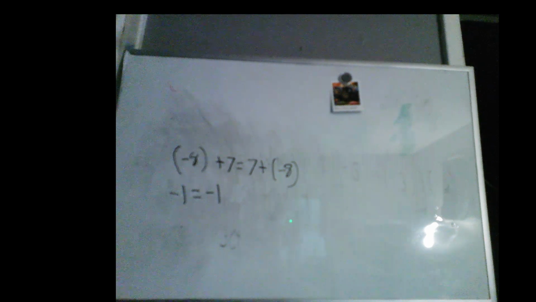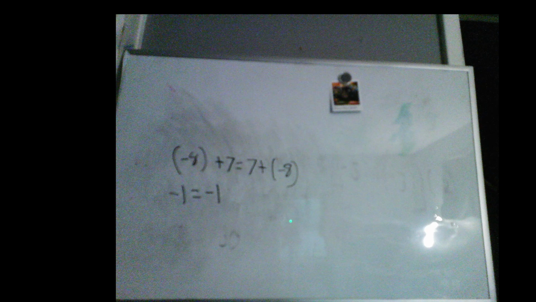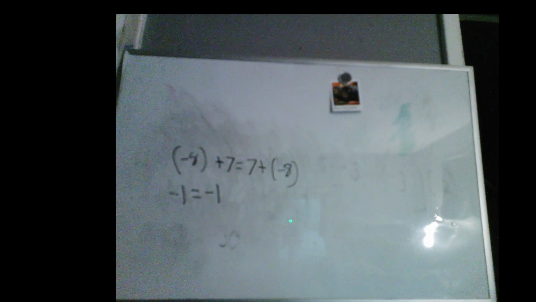Okay, double check that, and negative 8 plus 7 does in fact equal negative 1. This is going to be an addition answer, and again, we have the commutative property of addition, associative property of addition, additive inverse property, additive identity property, and the correct answer for this one is the commutative property of addition.